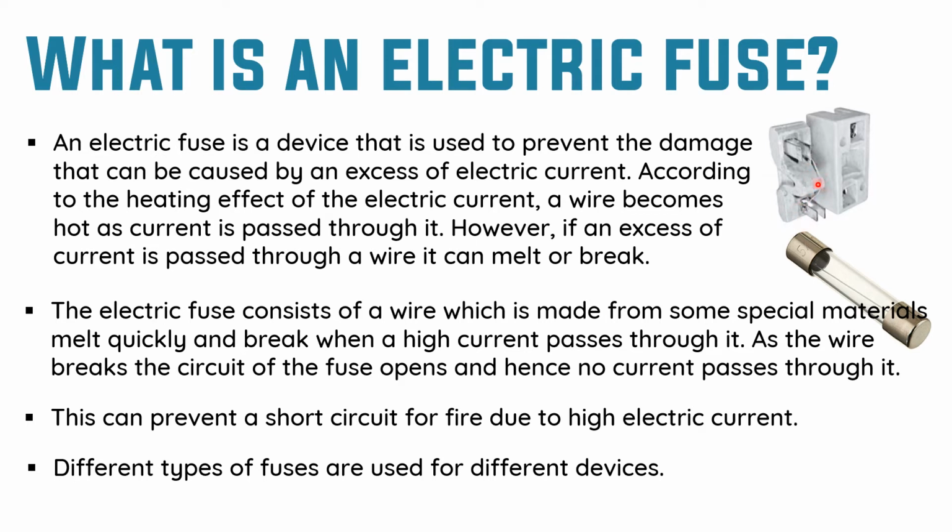When in our houses the amount of electricity passed is more, that time the fuse melts and breaks. It breaks, which means electricity does not go to that circuit. So that time we can save our electrical appliances in our houses.